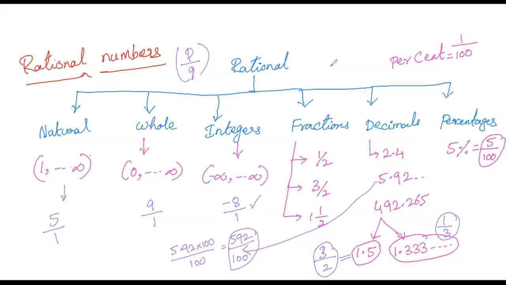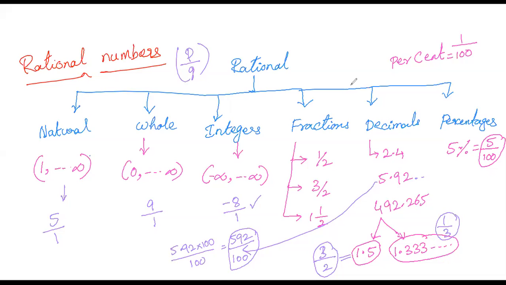Okay, so I've got just one question, sir. In percentages, it's 5 by 100, so it's a positive rational number, right? Yeah, rational numbers can be negative or positive. So we can distribute them as positive or negative. Yes, we can call it a positive rational number, but it is a rational number.